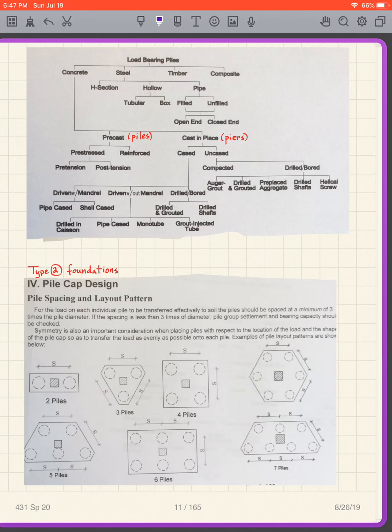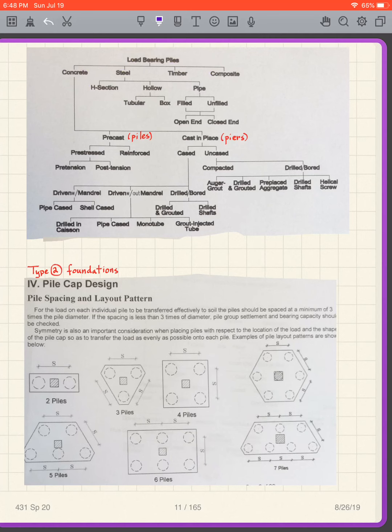So let's just look very closely. We're looking at what they're calling load-bearing piles. What do we have? We've got concrete, we've got steel, we've got timber, we have composite. Composite being two different types of materials, maybe concrete and steel, for instance, where the upper part could be concrete and the lower part is steel, or vice versa.